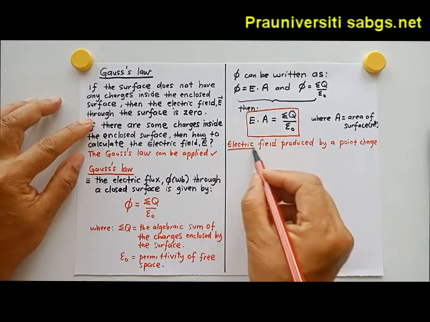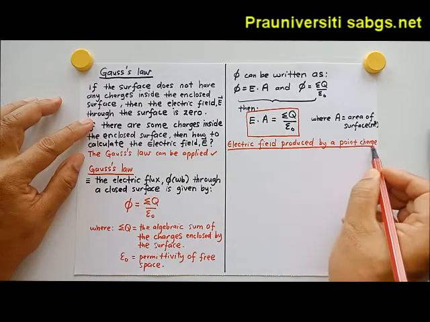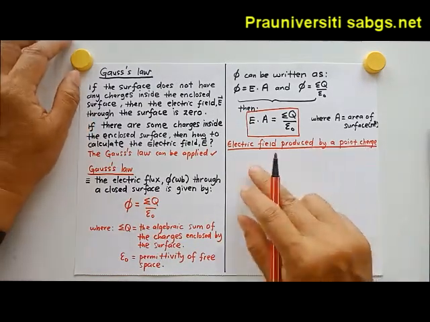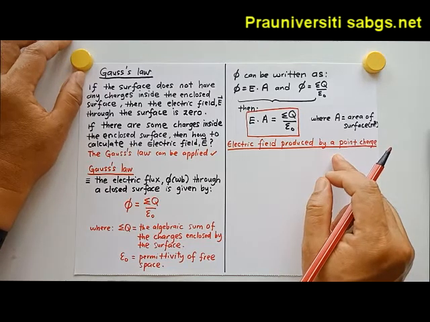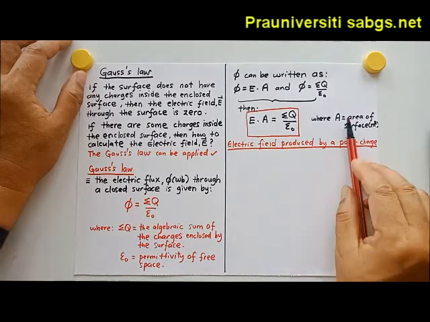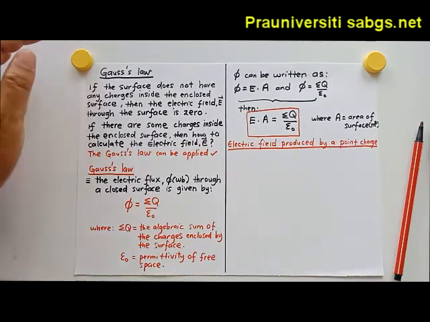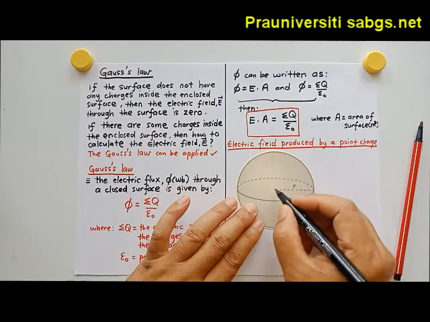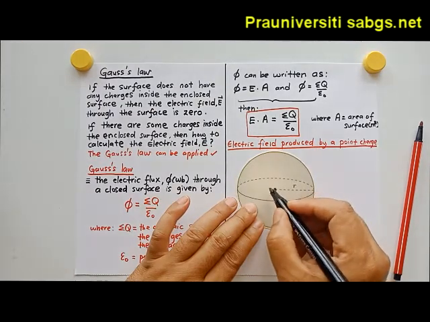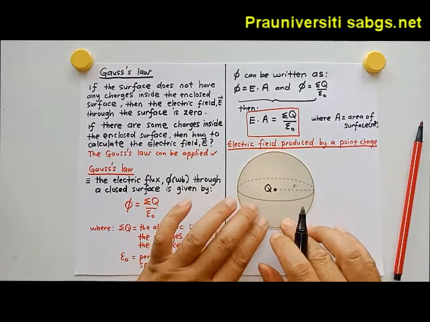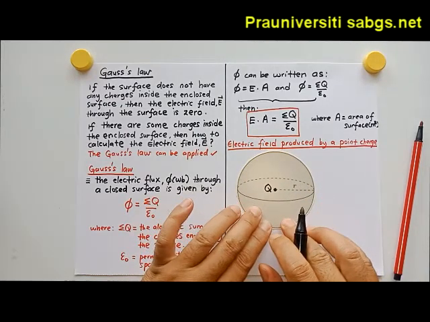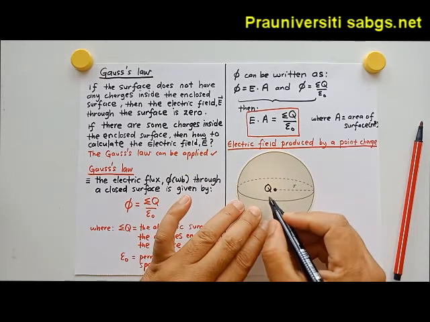So we apply the Gauss law to understand the electric field produced by a point charge. Okay, here is the point charge, Q is here. So the sphere in 3D. So here is the point charge.